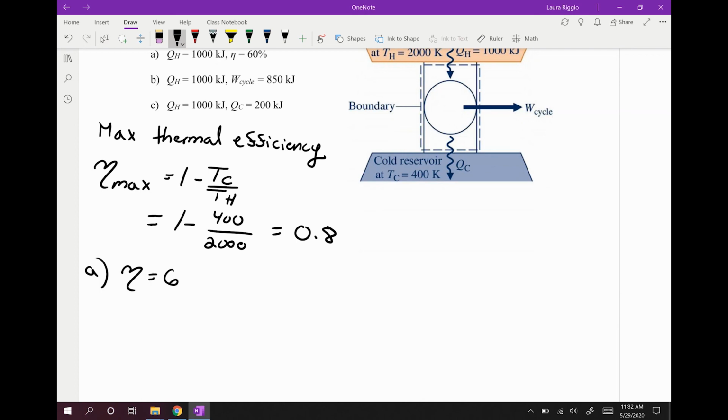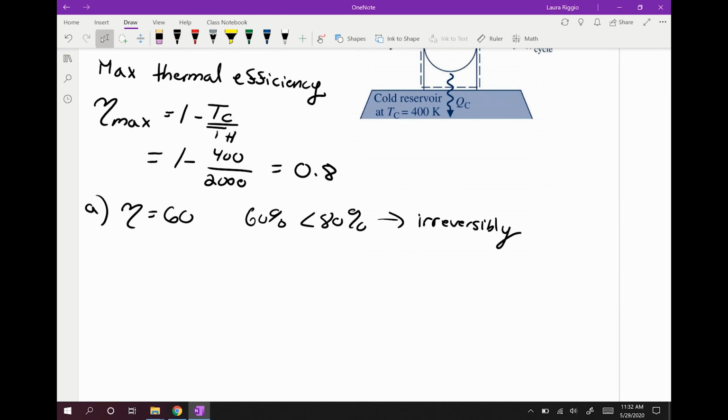Since eta is equal to 60%, 60% is less than 80%. So our cycle operates irreversibly.